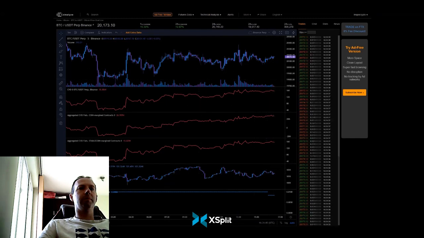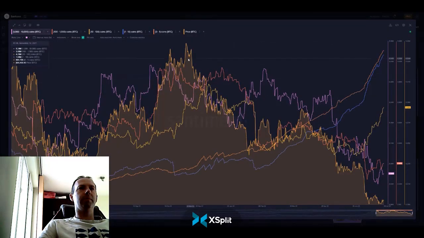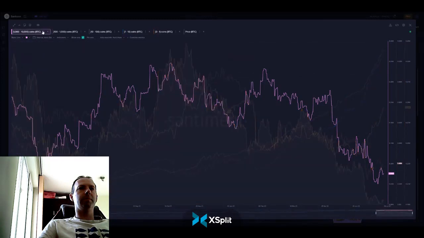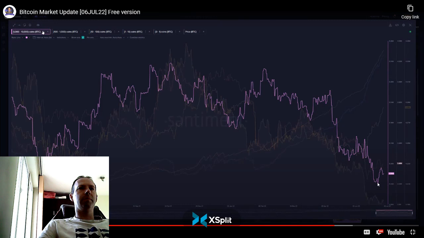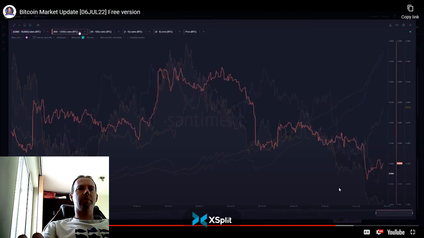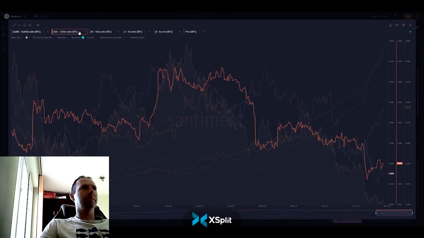If we check now the entities, we will see that the market maker declined its balances again by almost 20,000 bitcoins. Lifted up a little bit.